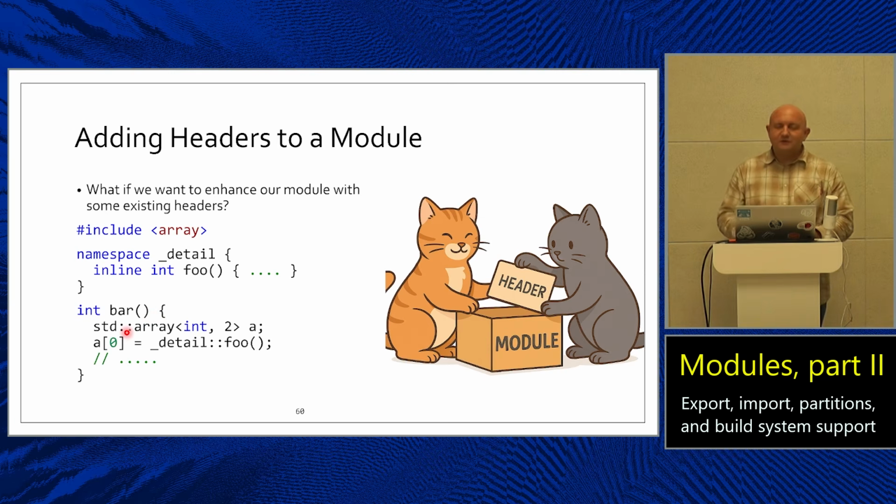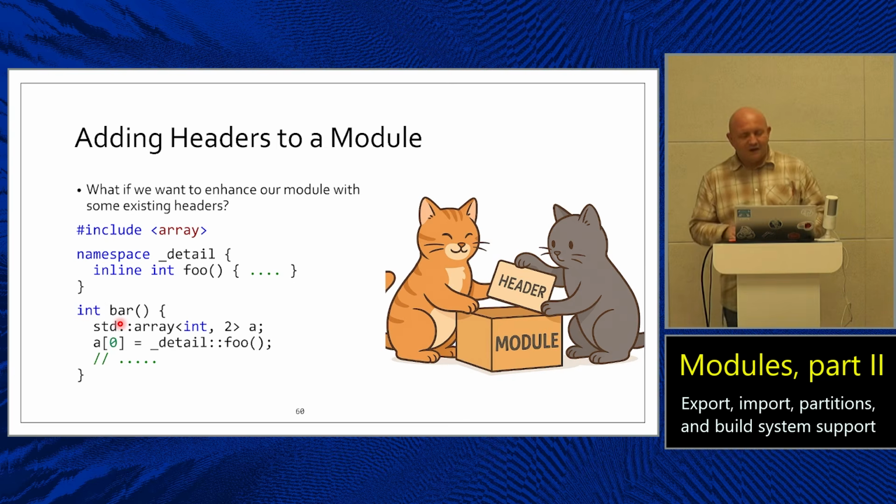So naturally, we'd want to include array to have access to std array. Okay. We do have import std, but as I showed in the first lecture, import std is really tricky. It requires quite a few gymnastics to set up. So let's not consider import std now.